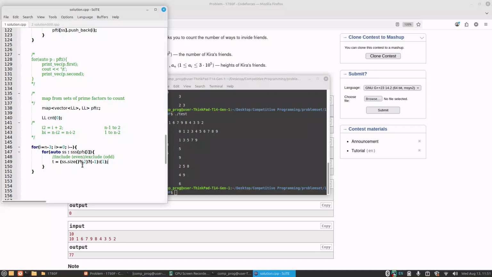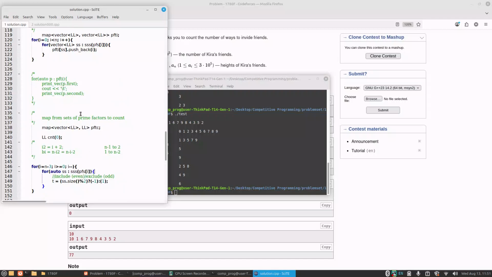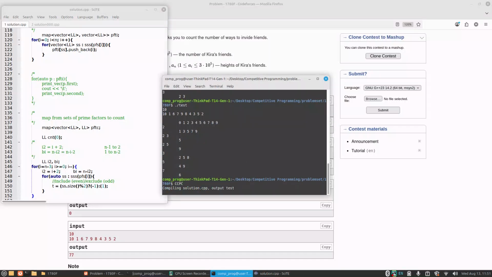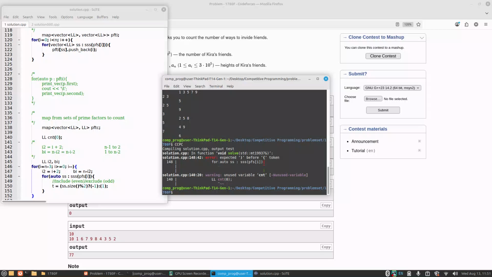What do you do with this? Yeah, we want I equals to bi equals n minus I2. Look through annoying error.